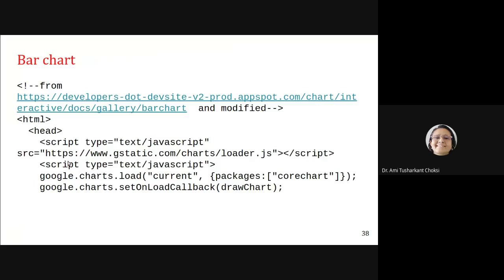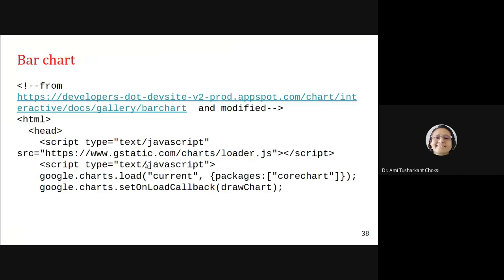Source is equal to https://www.gstatic.com/charts/loader.js, right? Loader.js. This is the file which is giving us the facility of Google chart, right?